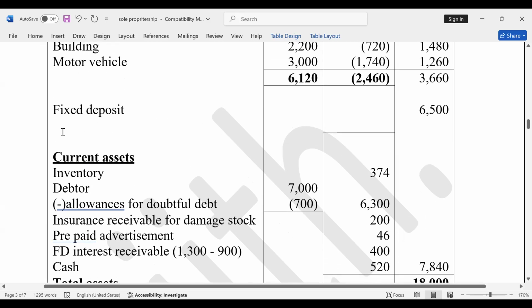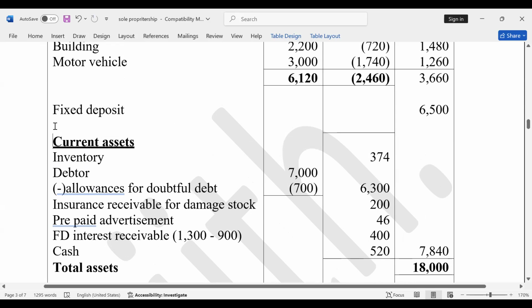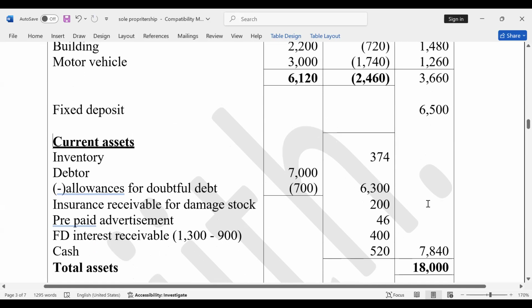Think about non-current assets. Land, building, motor vehicle, and fixed deposit, as well as think about current assets. Total assets equal 18,000.